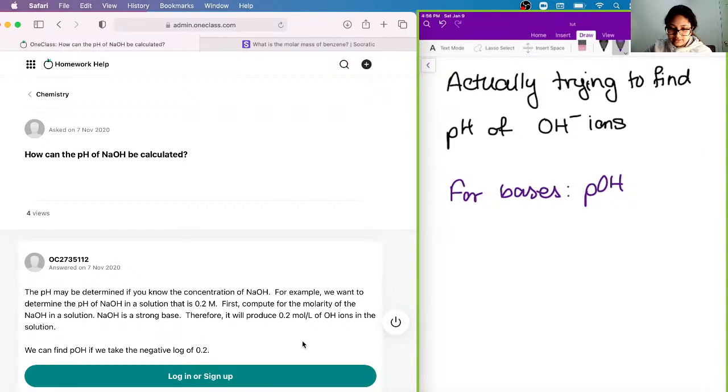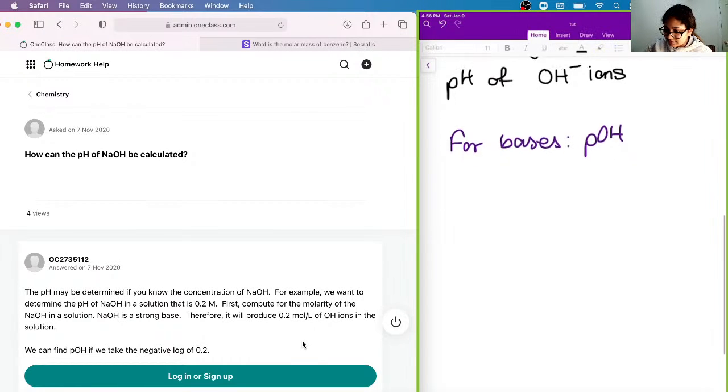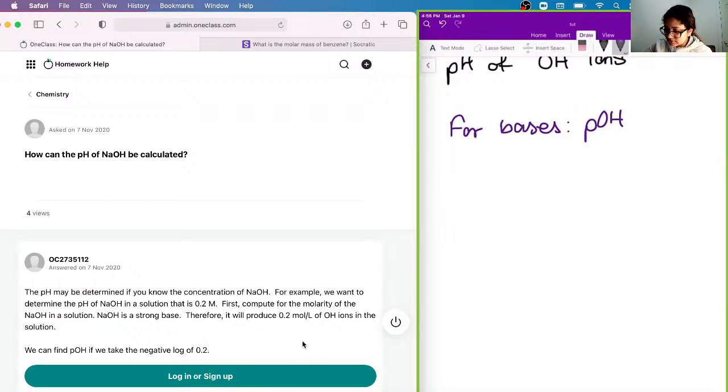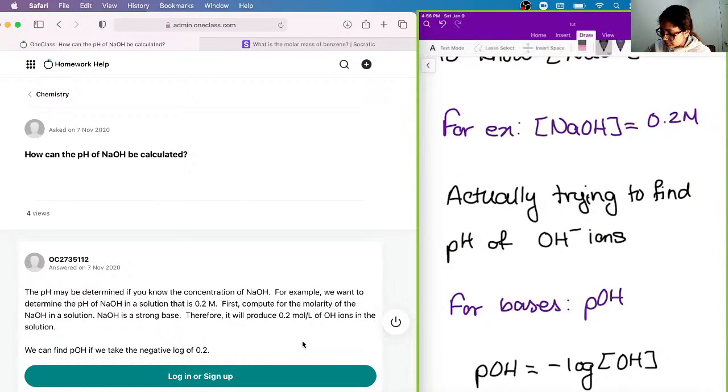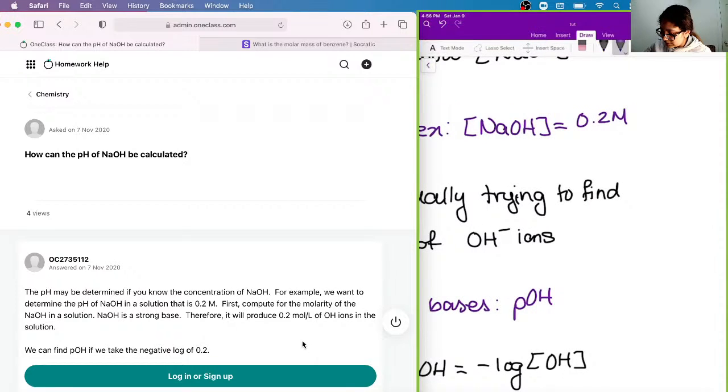So pOH is equal to the negative log of the concentration of our hydroxide, which is equal to the concentration of our NaOH, so also the concentration of OH.